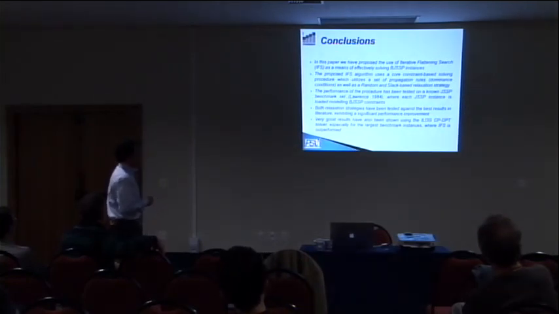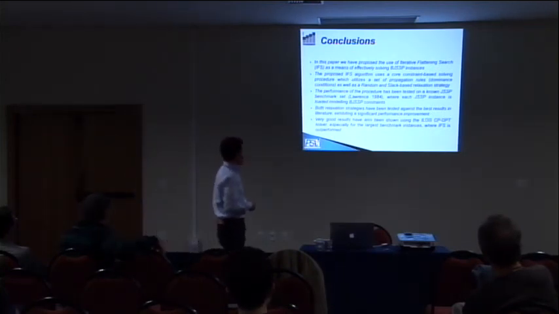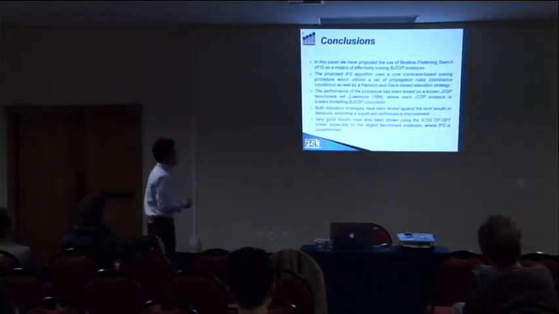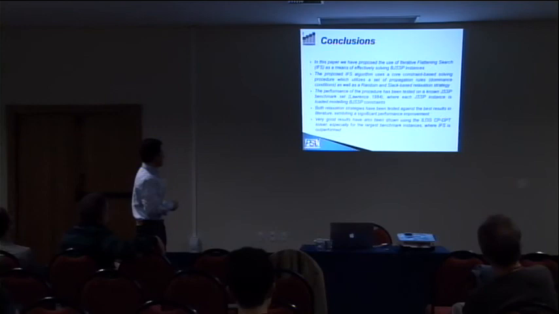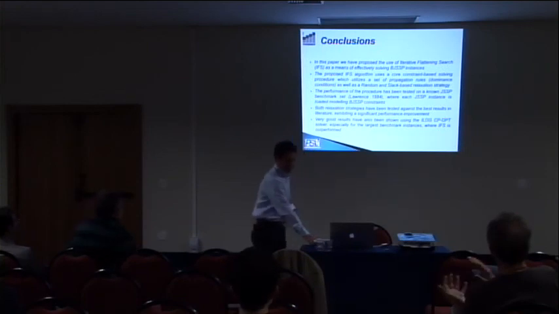In general, it is a hard problem to solve. We have also shown that a metaheuristic like large neighborhood search is able to get very interesting results compared with some recent results proposed in the OR literature. That's the end of the talk. Thanks a lot.